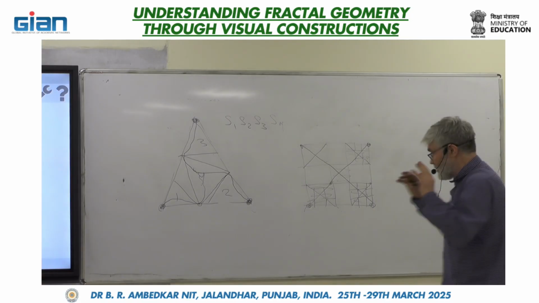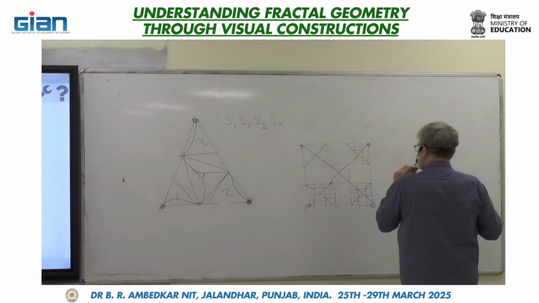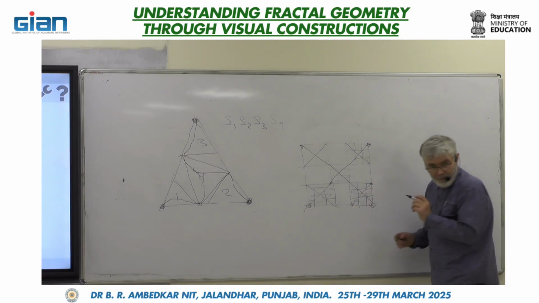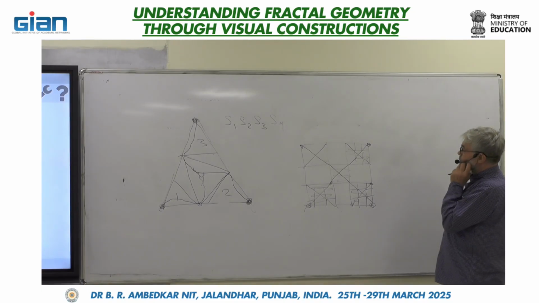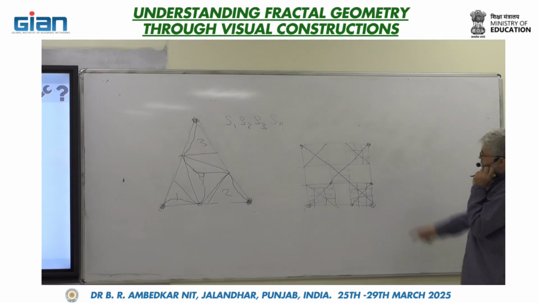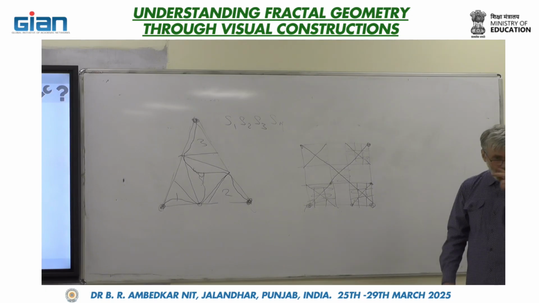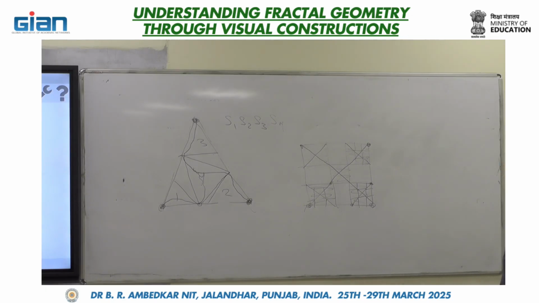Because if you have a dendrite, there are two kinds of points. There are end points and cut points. This is very interesting. What is the dimension of this figure? Can you find the dimension of this set?